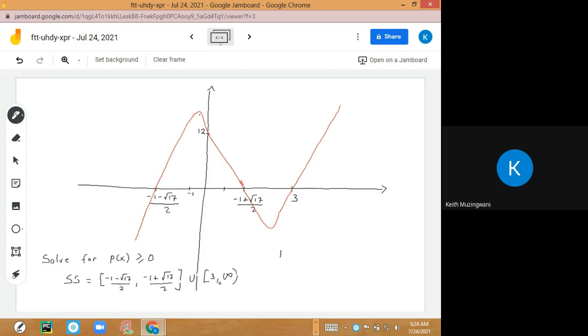If the question was asking us to solve for P of X less than 0, the solution set becomes from negative infinity all the way up to negative 1 minus root 17 over 2, union negative 1 plus root 17 over 2 comma 3.